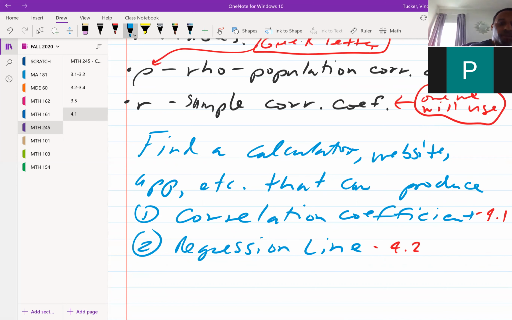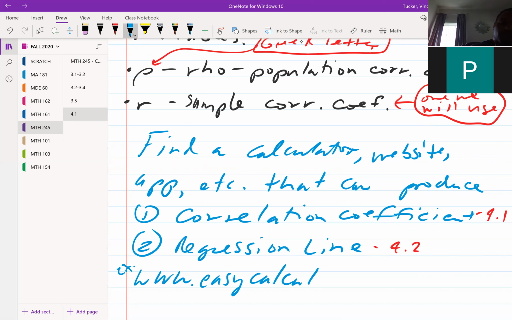And just like before, easycalculation.com can do it. But all you have to do is Google regression line calculator or correlation coefficient calculator, and a whole bunch of free stuff will pop up in order for you to be able to do so.